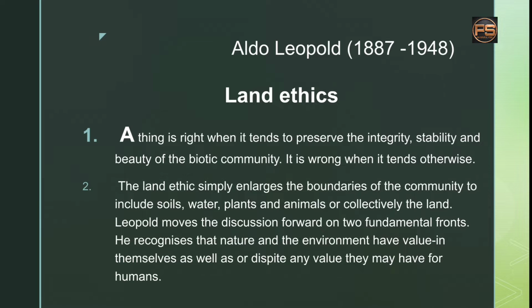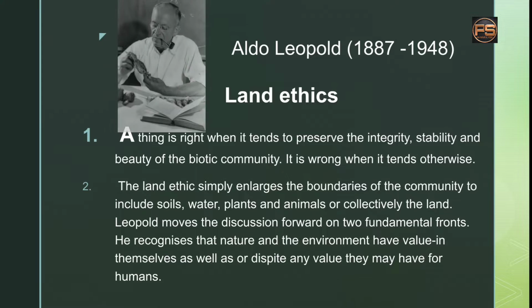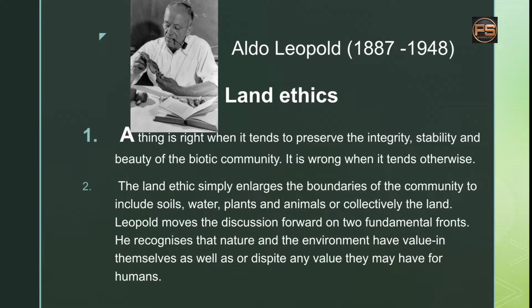Aldo Leopold was an American author, philosopher, scientist, ecologist, forester, and environmentalist, and he was born on 11th January 1887, and his major works were on land ethics.